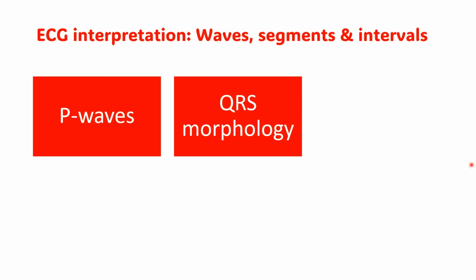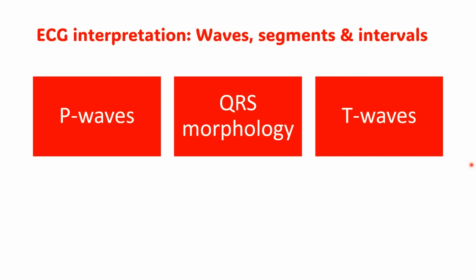In cardiac tamponade, you can have a phenomenon called electrical alternans, where the QRS complexes vary in height. Also look at the width too. You might have increased width in something like a bundle branch block. You want to look at the T waves, the height, the width, are they inverted? T wave inversion can be an early sign of ischemia.